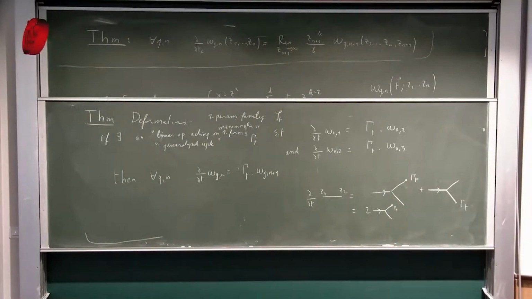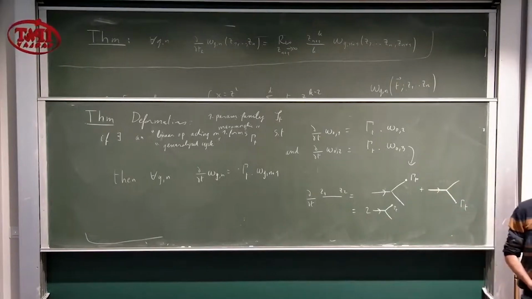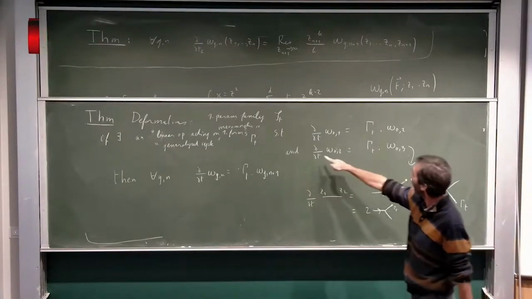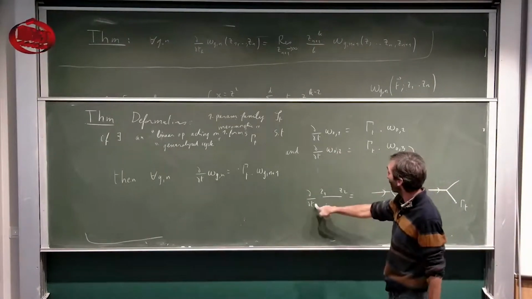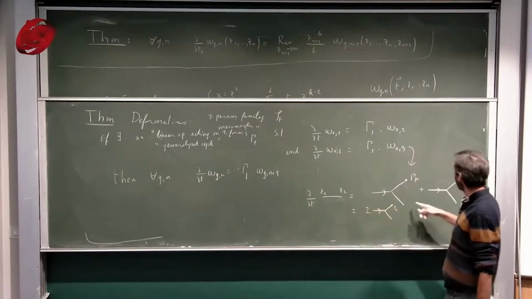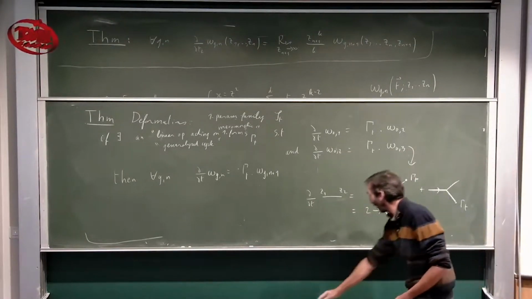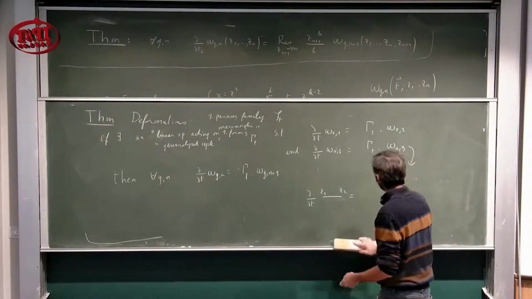So the first equation, or basically the second equation here, means that when you differentiate this propagator, it's the same thing as replacing it by, let me write it in this way.